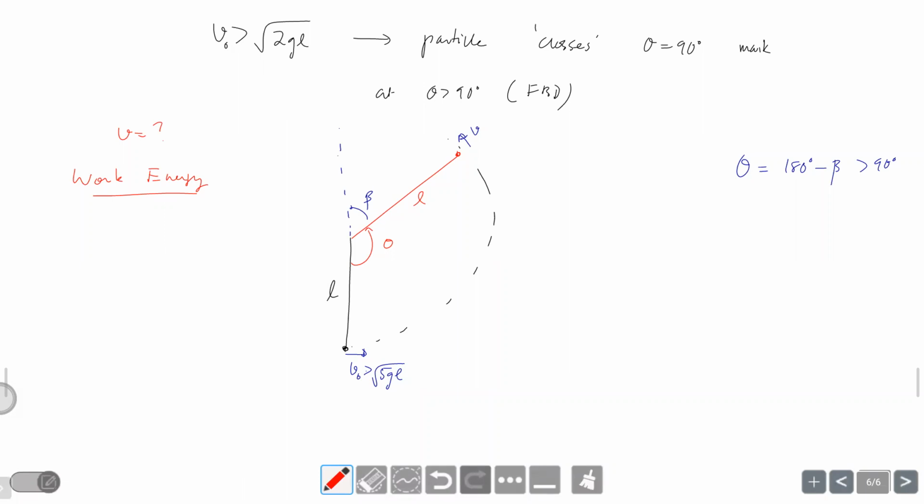It is climbing a height of more than L. This is L cos beta. So H becomes L plus L cos beta. Then we can incidentally also write it as L minus L cos theta. But remember here cos theta will be minus cos beta.